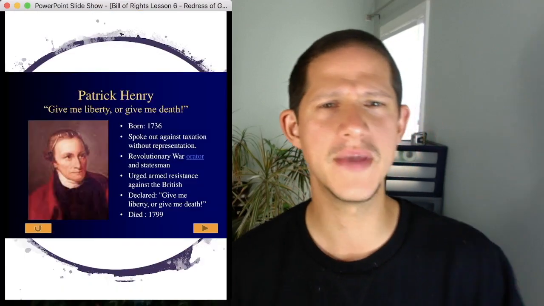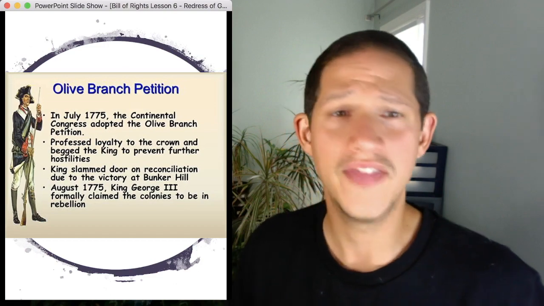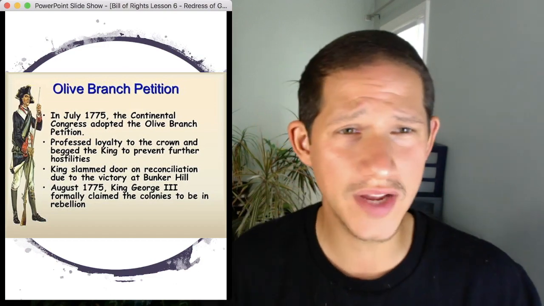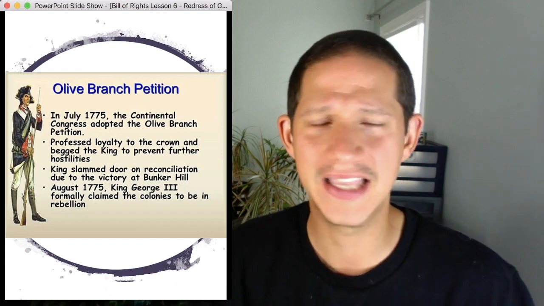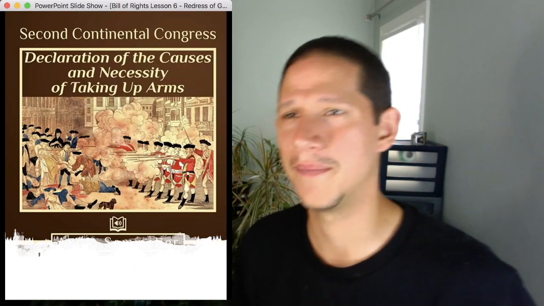Patrick Henry, give me liberty or give me death. Well, the Second Continental Congress, they put out the Olive Branch Petition. They say, listen, we still have these grievances, but let's end the fighting, give us some representation in Congress, end the taxation. Doesn't happen. You get the Lee Resolution, Declaration of Independence. We're going to talk about next week.